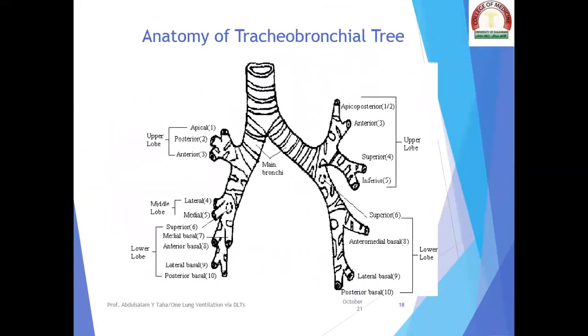So if we look at this picture, which demonstrates the anatomy of the tracheobronchial tree, we can see that the right main bronchus is wider and shorter and more in line with the trachea compared to the left mainstem bronchus, and the origin of the right upper lobe is very close to the carina.